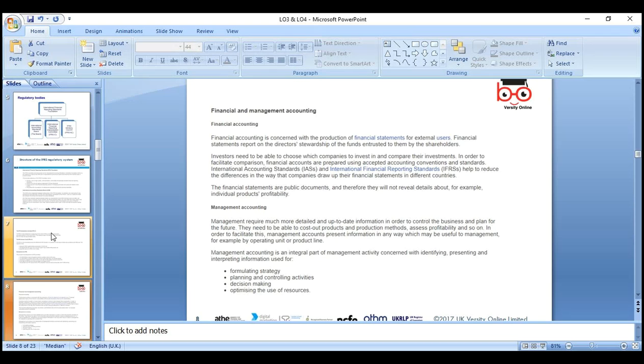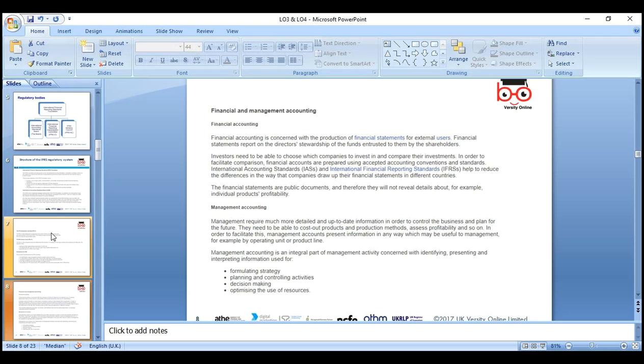So next, what is the purpose of all this? First, we know the difference between financial accounting and management accounting. Financial accounting is concerned with the publication of the financial report for external users, and the financial statements report on the directors' stewardship; the directors are working on behalf of the shareholders. That's the main purpose.